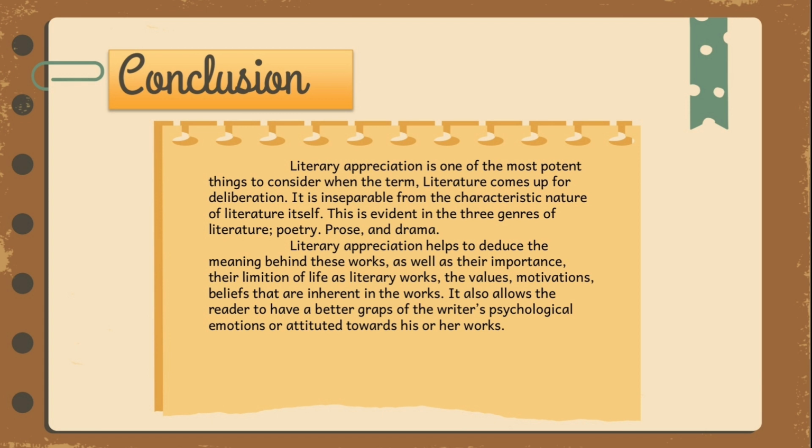Literary appreciation helps to deduce the meaning behind the work, as well as its importance, the imitation of life in literary works, and the values, motivation, and beliefs inherent in works. It also allows the reader to have a better grasp of the writer's psychological emotion or attitude toward his or her works.